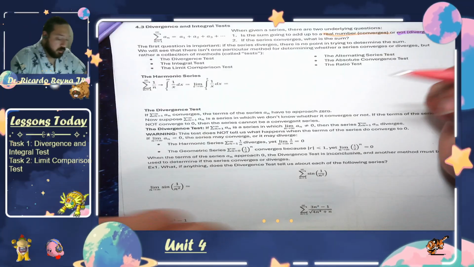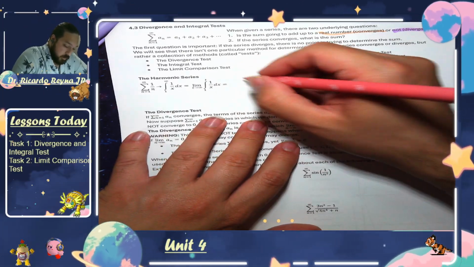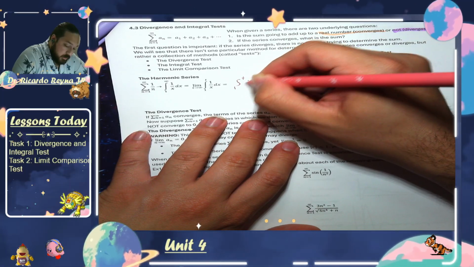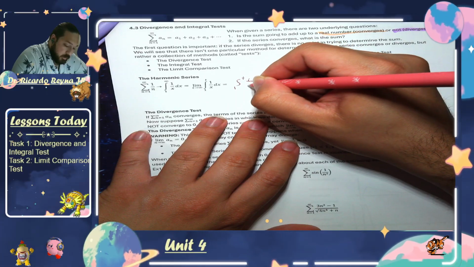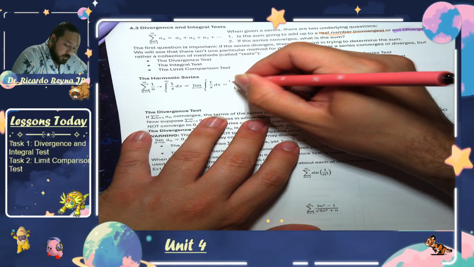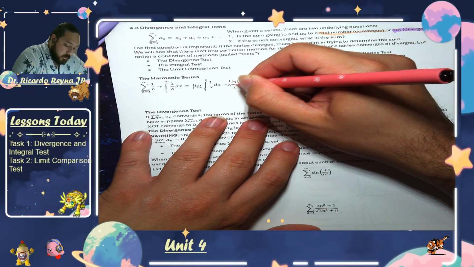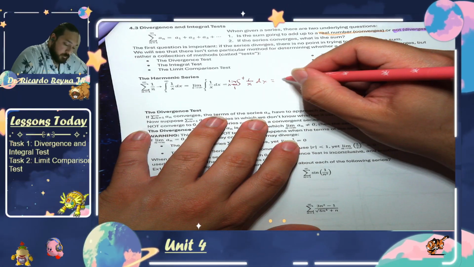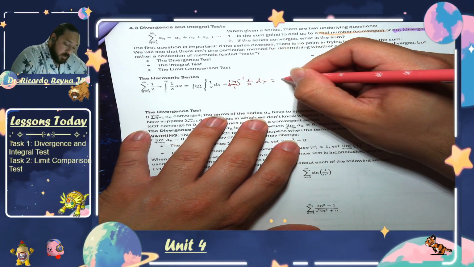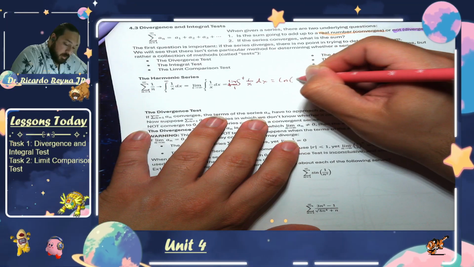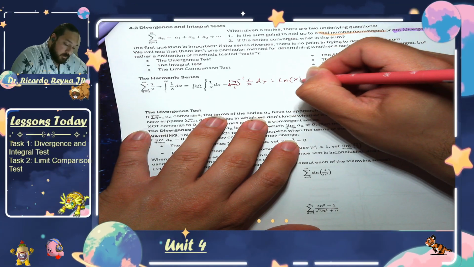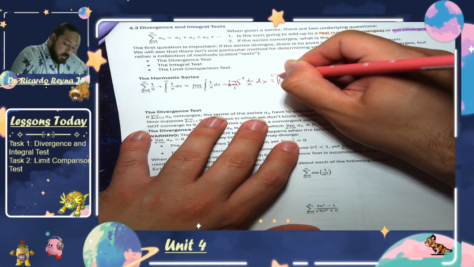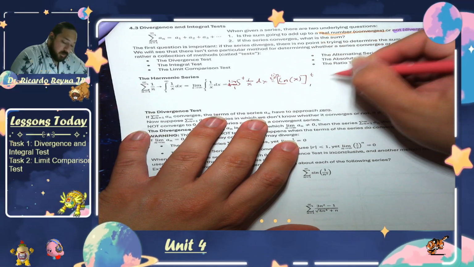Well, we know that the integral of this is equal to, oh wait, t is equal to ln of x with t and 1, with the limit as t goes to infinity.